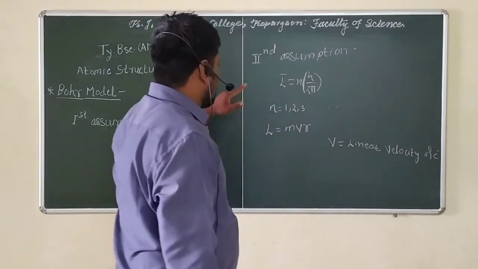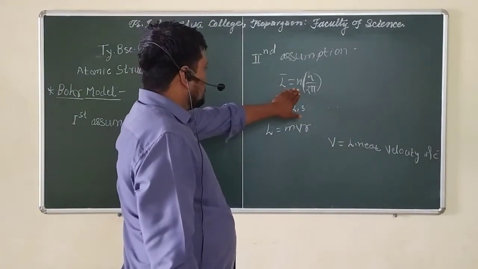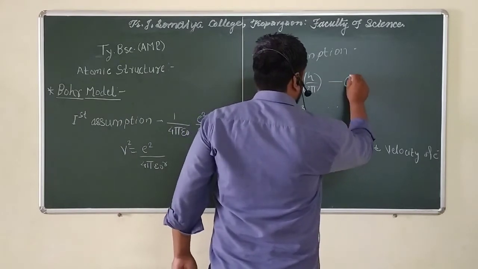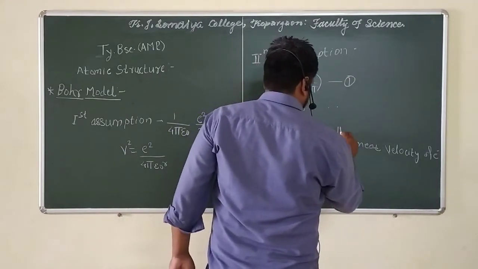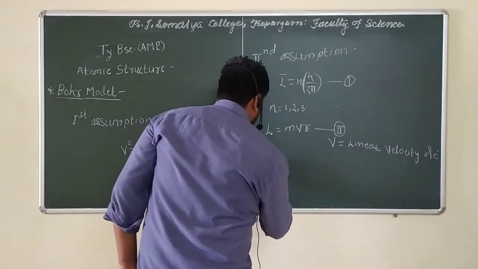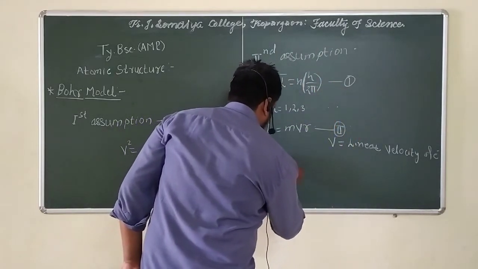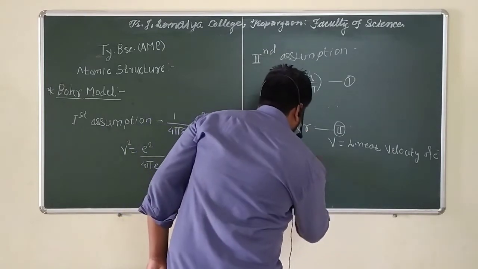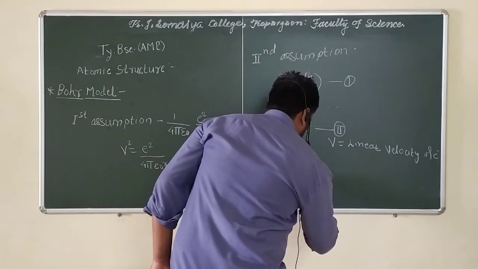We equate the right-hand sides of these two equations, so m into v into r is equal to n into h upon 2 pi.